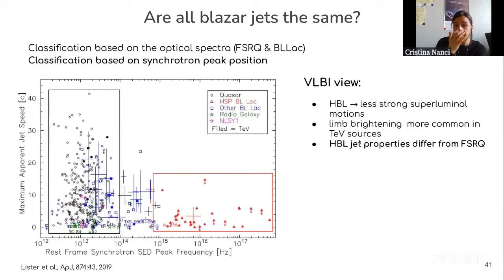From population studies, we can see the differences. For example, by Lister et al. 2019, we can appreciate the difference in apparent jet speeds between different classes of objects. Here we have the apparent jet speed versus the position of the synchrotron peak, and we see that BL Lacs all show low apparent jet speeds, while for quasars we have a wider range of values for the jet speeds.